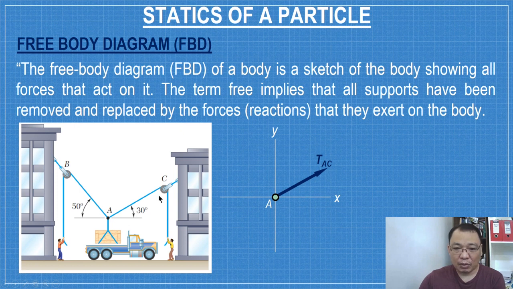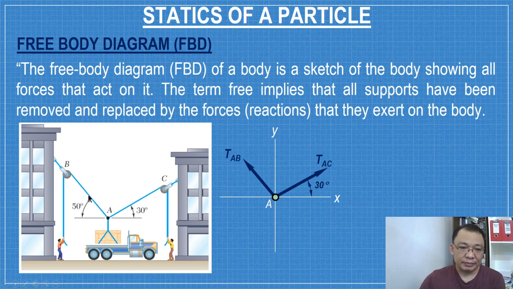There is a chord, so it is tension. Basically, a chord means tension. The direction is 30 degrees from the horizontal. And then we have this one.